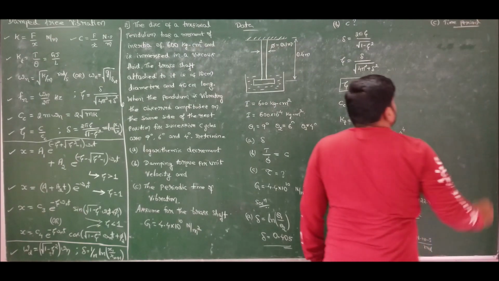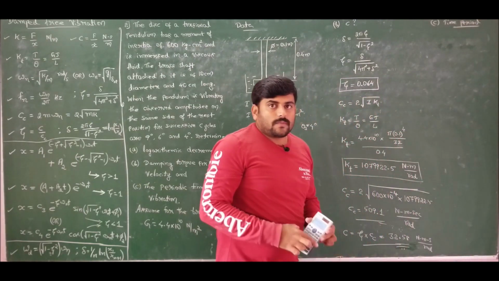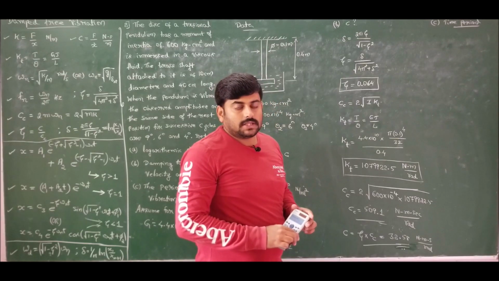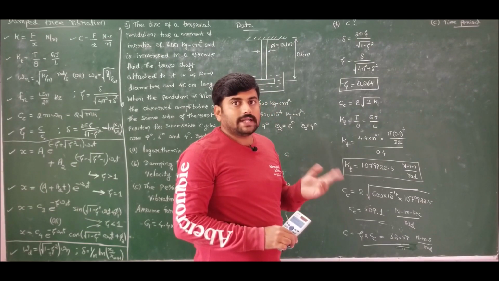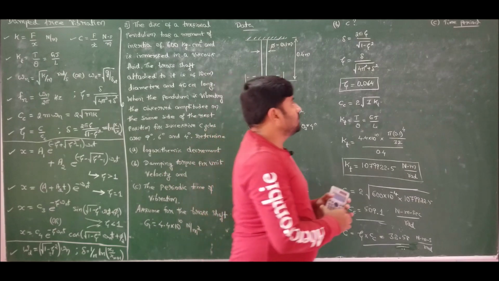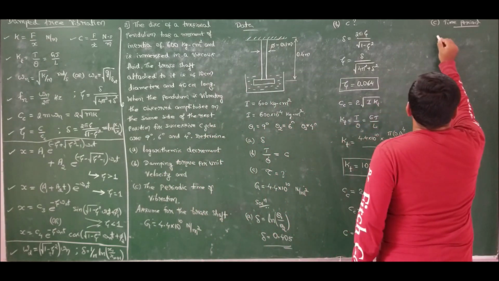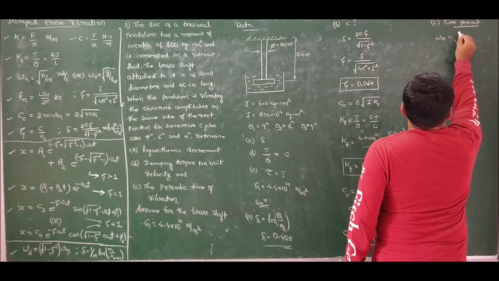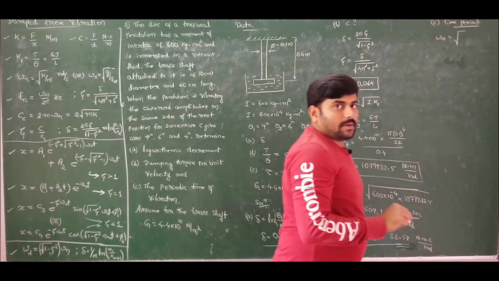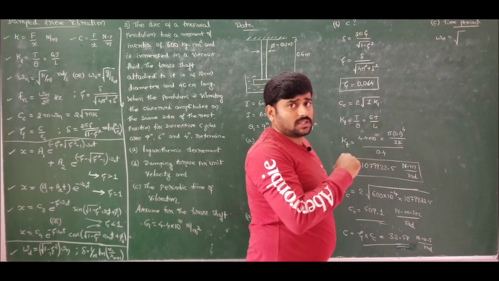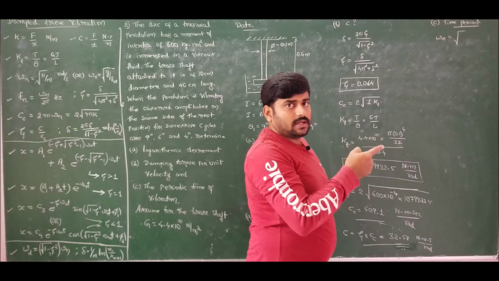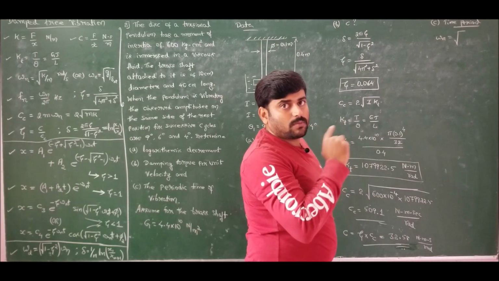Now time period is a function of damped natural frequency. Damped natural frequency is a function of undamped natural frequency. So first let me find undamped natural frequency, that is omega n, which is equal to root of k by m in linear systems. This is torsion. k should be replaced by kt, mass should be replaced by mass moment of inertia.